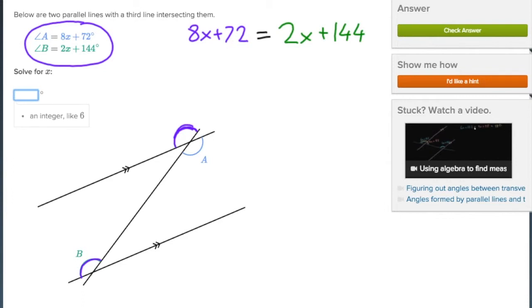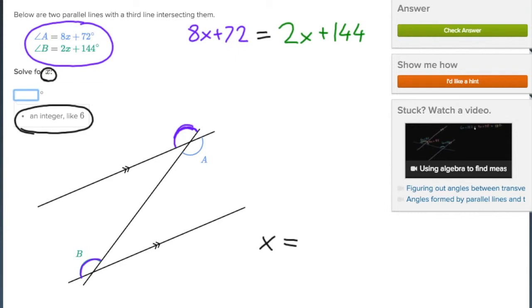a value of x, an integer like 6 is what we're being asked for, and we want just to solve for x, right? So our goal at the very end is to have x on its own on one side equal to some integer like 6, so a whole number, either positive or negative.